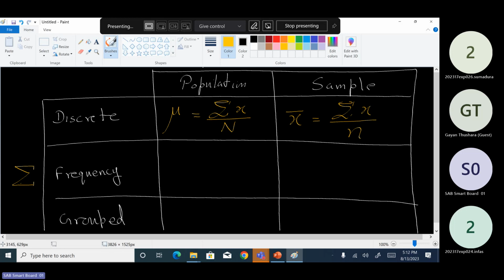Now, formula wise, both are the same. Here we are using capital N, here we are using simple n, because a sample is small when compared to the population. But formula wise, both are the same. You add everything, you divide by the number of people.